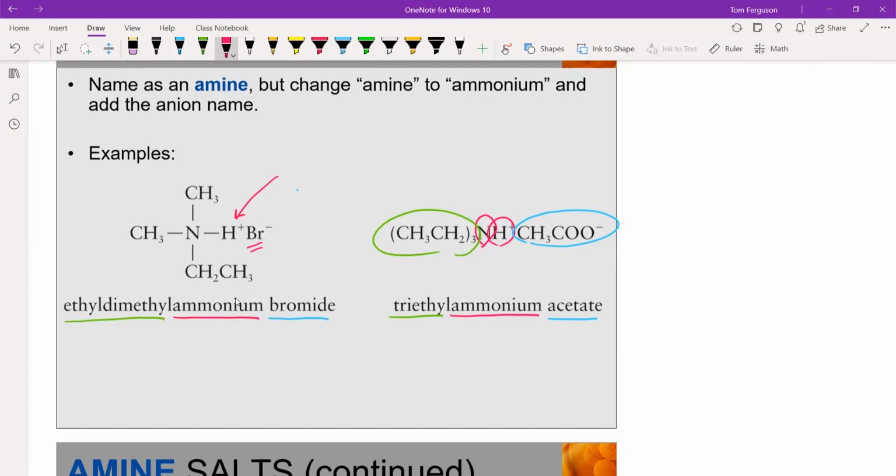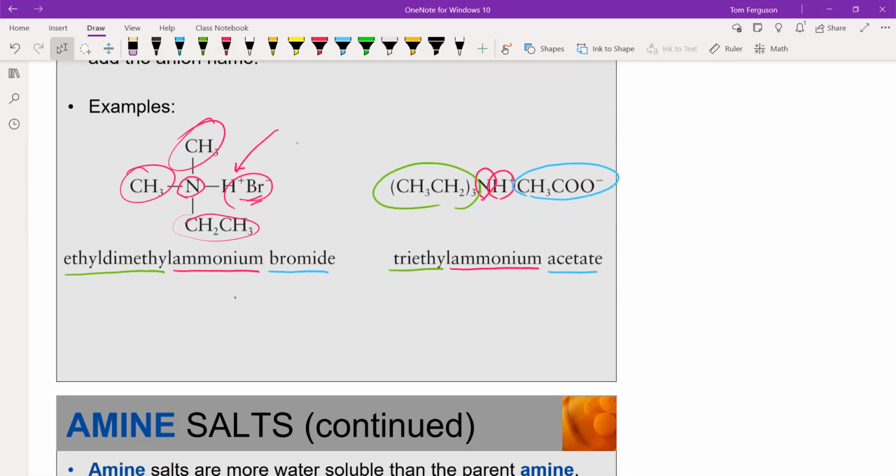And then the amine part is going to be ethyldimethylammonium bromide. Similarly, we're going to have three ethyls, so that's triethylammonium acetate.